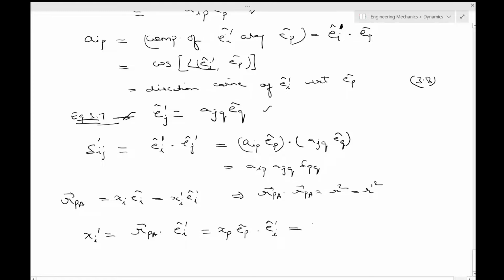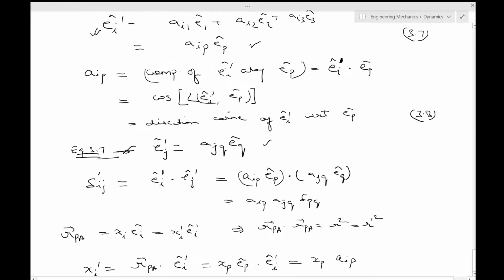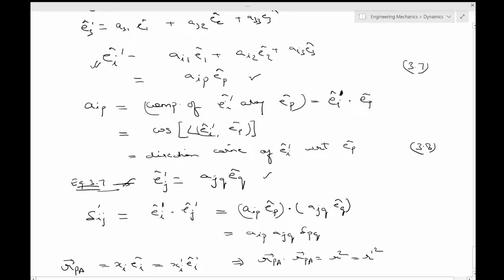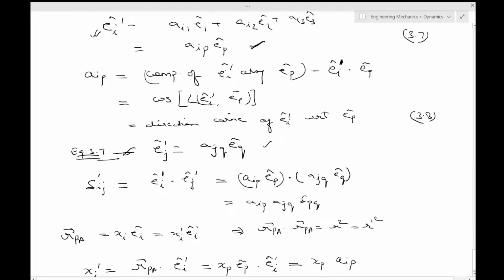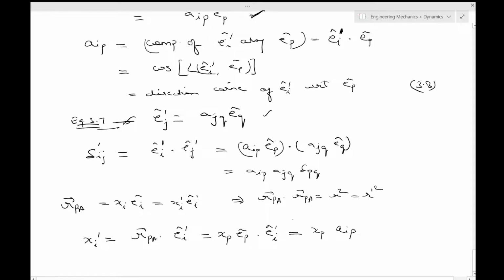Now x_p e_p dot e_i dash is equal to x_p into a_ip, just by looking over here. So e_i dash is equal to a_ip e_p. This has been used. So what has been used? Equation 3.7. So please figure this out.